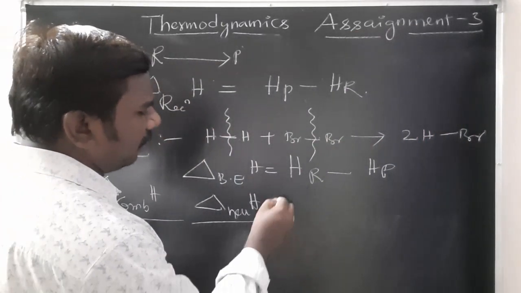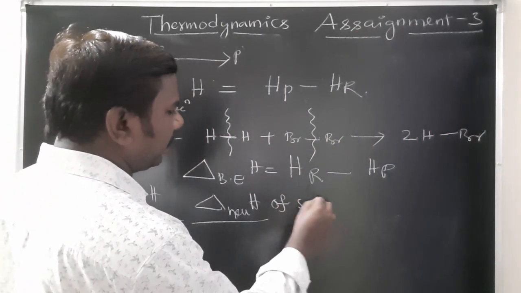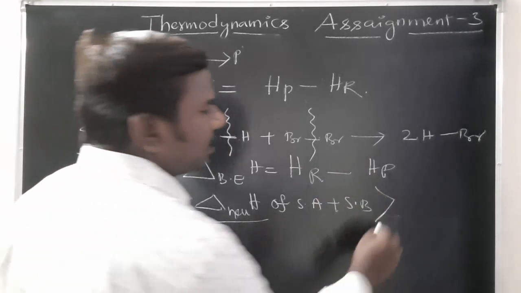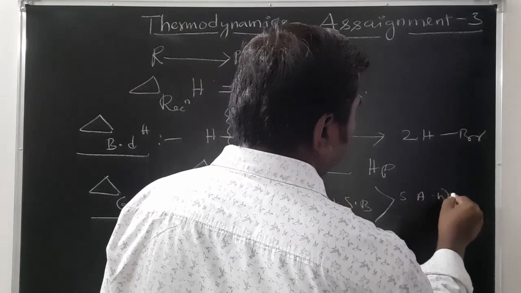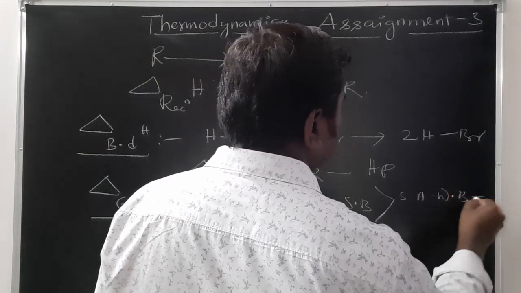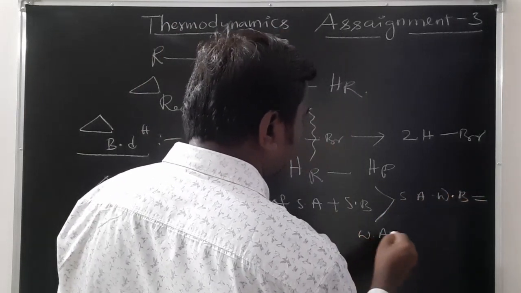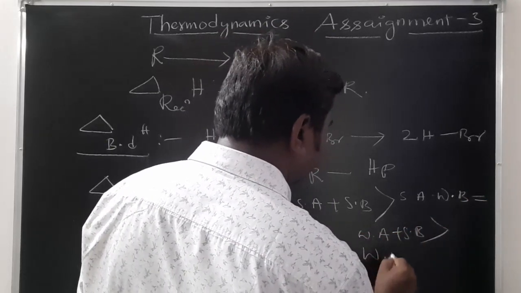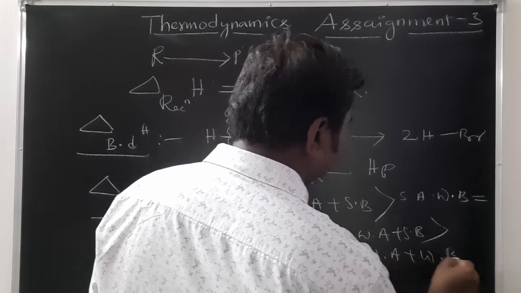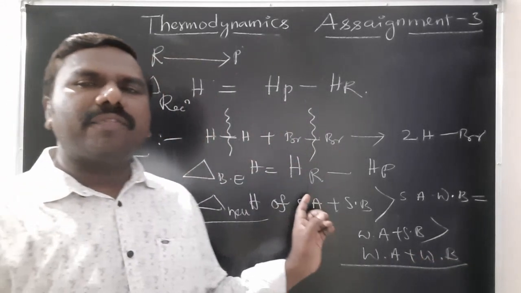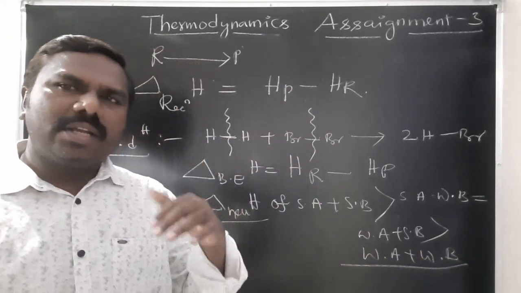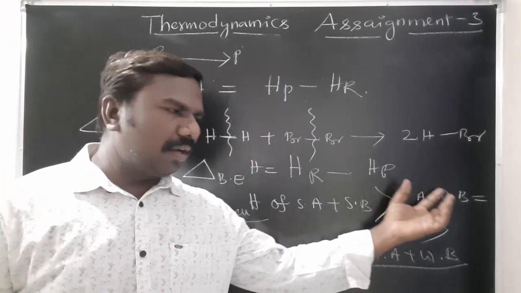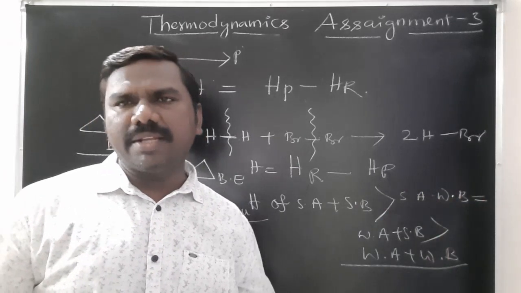The enthalpy of neutralization of strong acid and strong base is greater than that of strong acid and weak base, which is equal to weak acid and strong base, which is greater than weak acid and weak base. It means as the strength of acid and base increases, the energy released during neutralization will be more than that of weak acid and weak base.